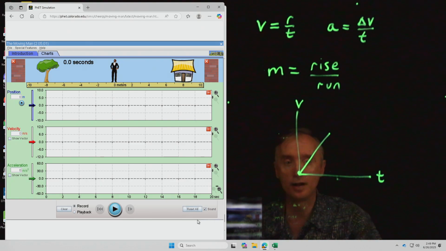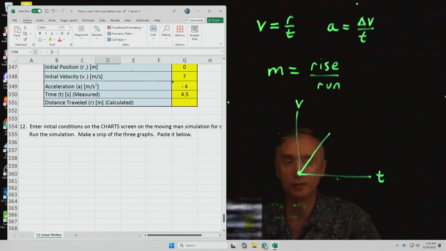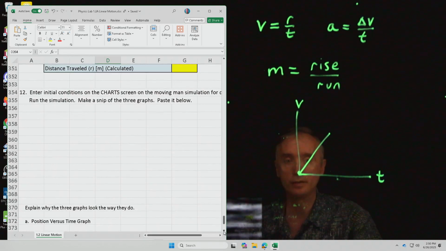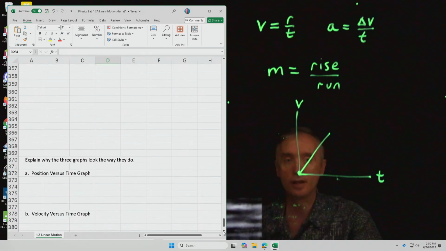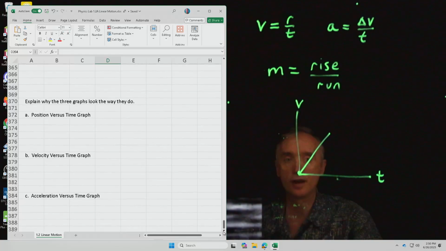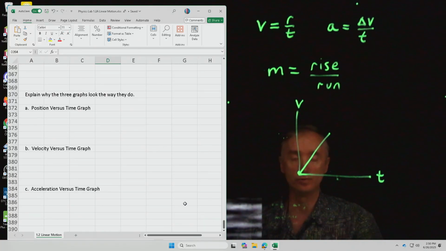And what you're going to find is you're going to get a kind of weird looking graph. And so you're going to go to snip, and you're going to make a snip of all three of those graphs. And then I want you to paste it right here. And then I want you to explain it. So explain why the three graphs look the way that they do.